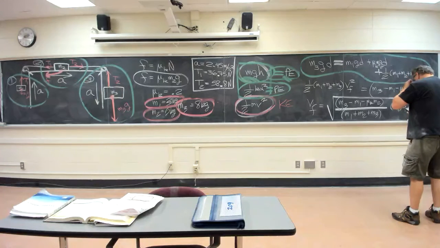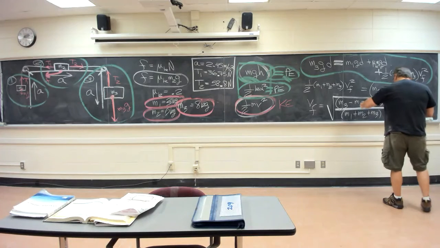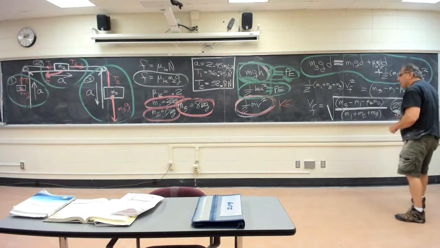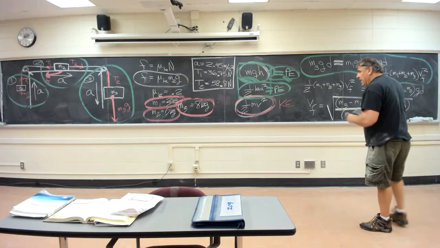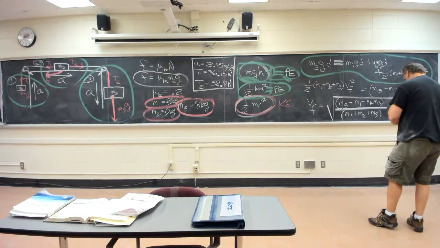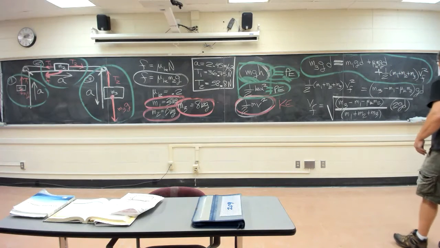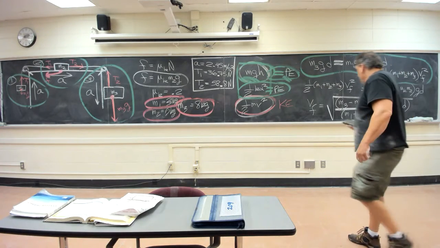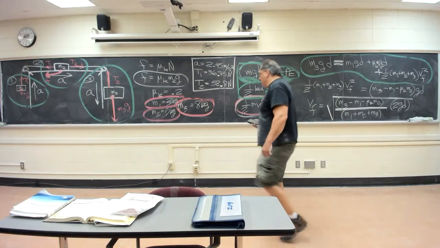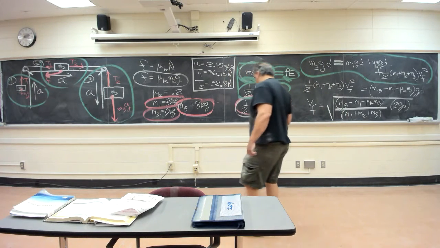We've got 8 minus 3 minus 0.2 times 5, which is 1, divided by the sum M1 plus M2 plus M3.